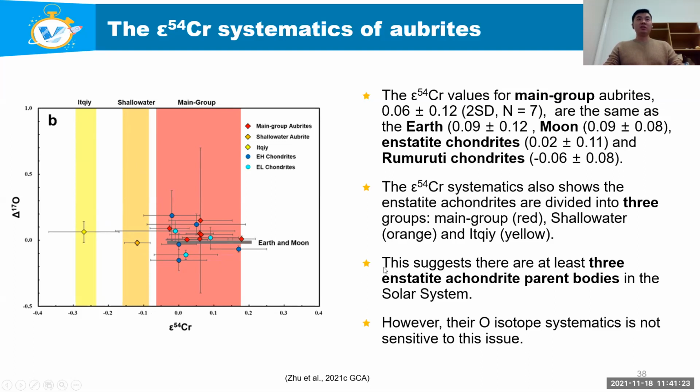So maybe this suggests that all the enstatite achondrites formed from at least three parent bodies. But here we should note that maybe their oxygen isotopes are not sensitive for their origins, because all the enstatite chondrites have similar oxygen isotopes.